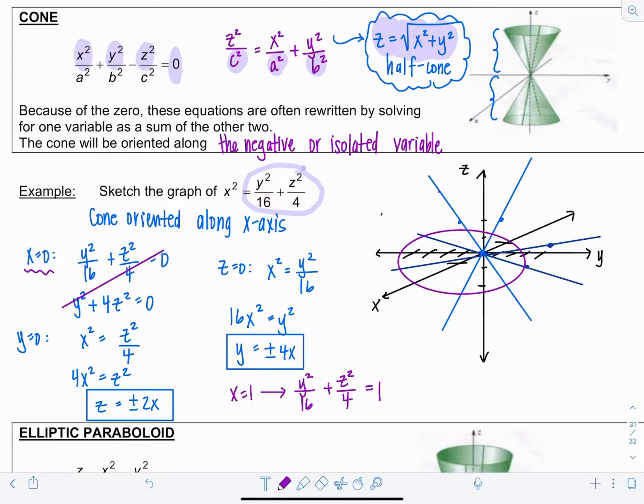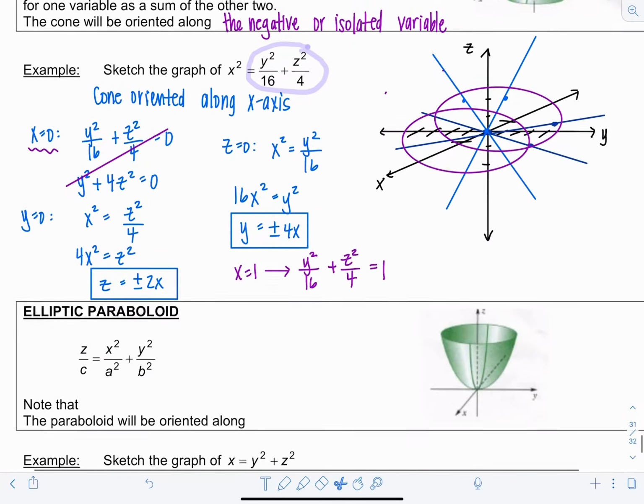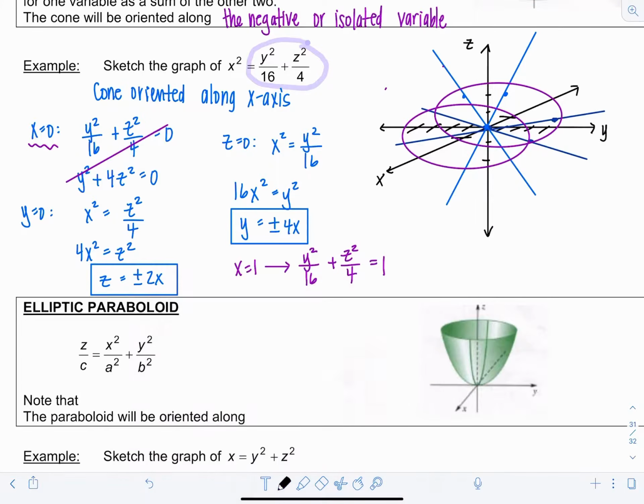Let's copy it, and then I need another one because if x is negative 1, I'd get the same thing. So maybe somewhere over there. And you can keep adding them together. Now it's looking really messy, but the main idea is the cone will open up along the x-axis.